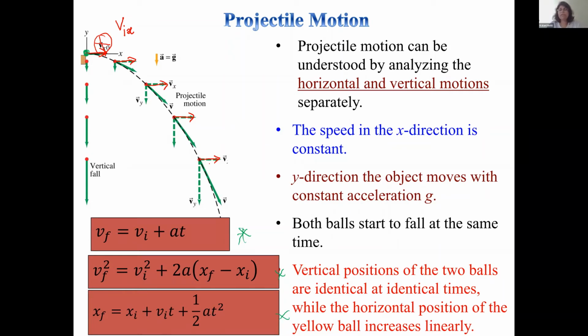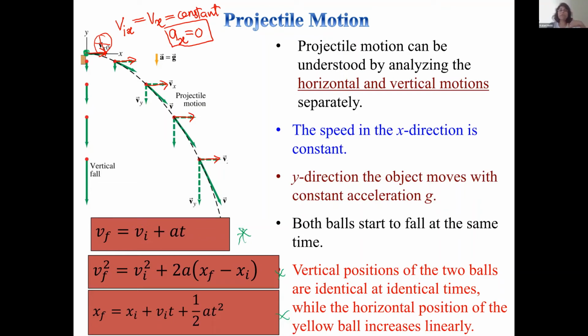That means that vector is the same, that means Vx is constant. So when I say it is constant, what does that mean? That means acceleration in x direction is 0. That's what it means. That means there is no acceleration in the x direction, right? Because you keep constant velocity in the x direction.